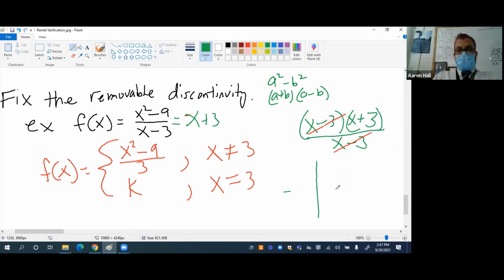How did we get what the graph was converging on when x approached 3? How did I find what y converged on when x approached 3?